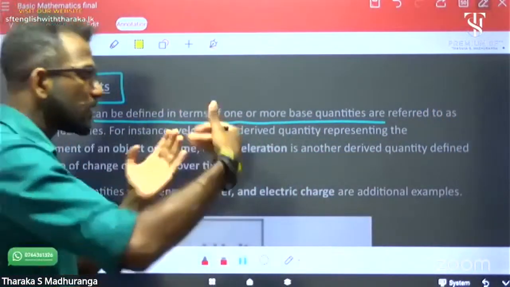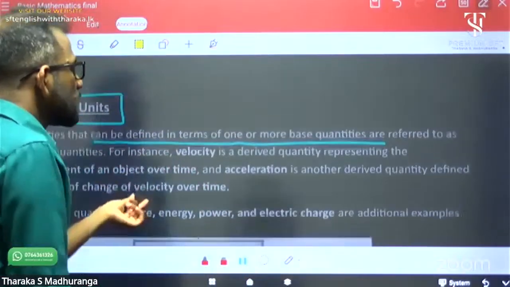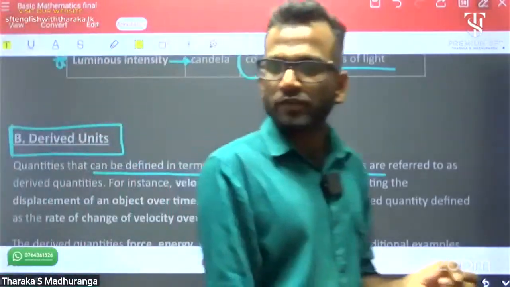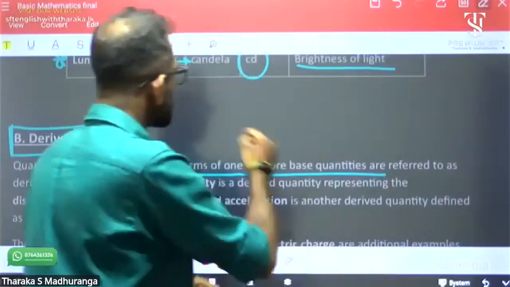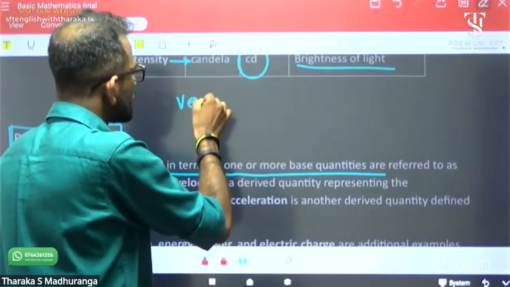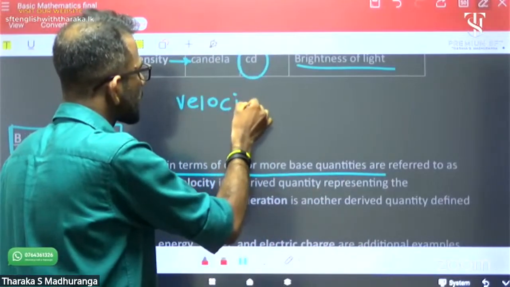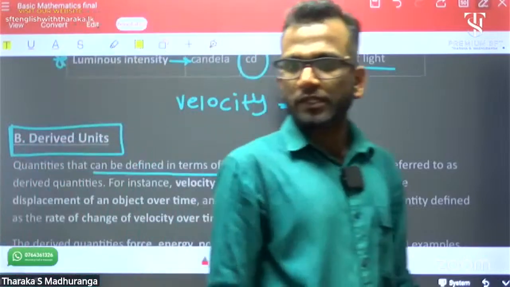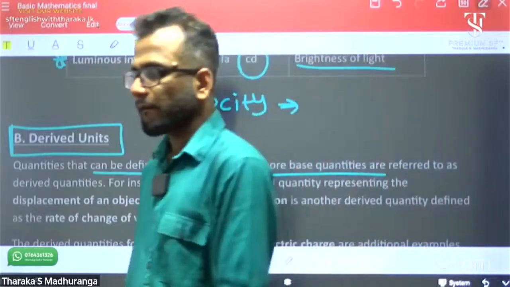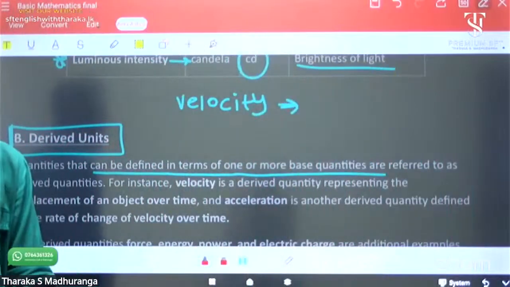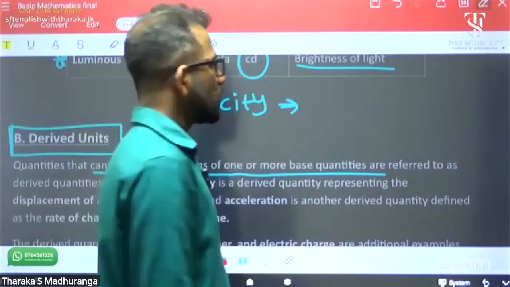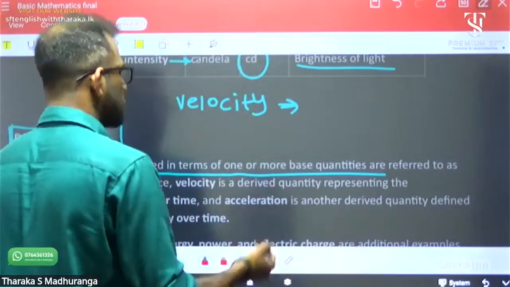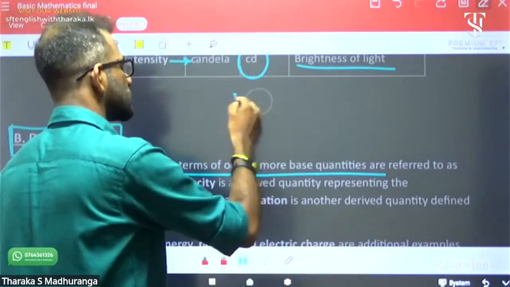As an example, I will tell you the velocity. What is the unit of velocity? Do you remember? I think you can remember from grade 10, first lesson.